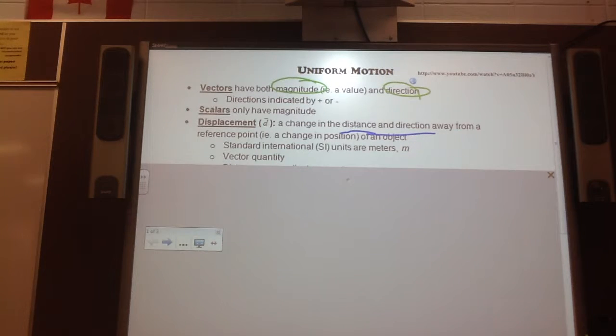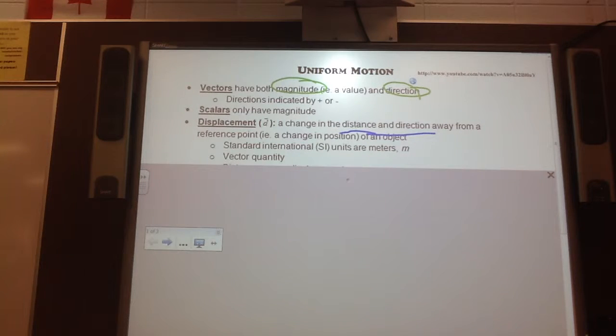If I start here, this is my reference point. If I walk this way, and then I turn around and I walk this way, what's my displacement? Zero, because in regards to the reference point, I have not moved.